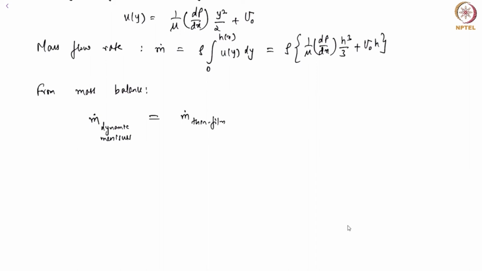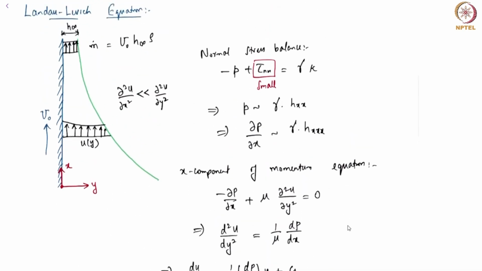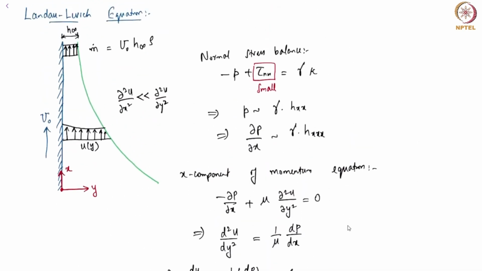This therefore gives me density times 1 by mu, and the mass flow rate going through the coating we've already written down as u naught into h infinity times h, that's written here.